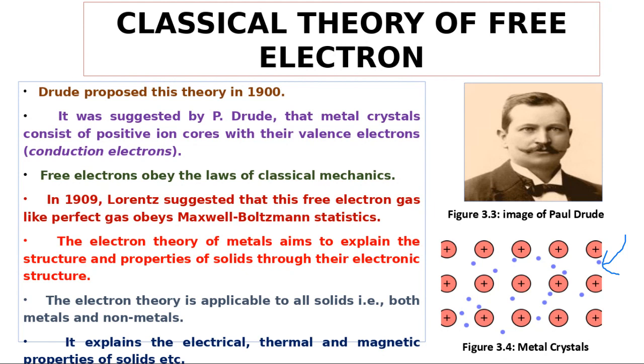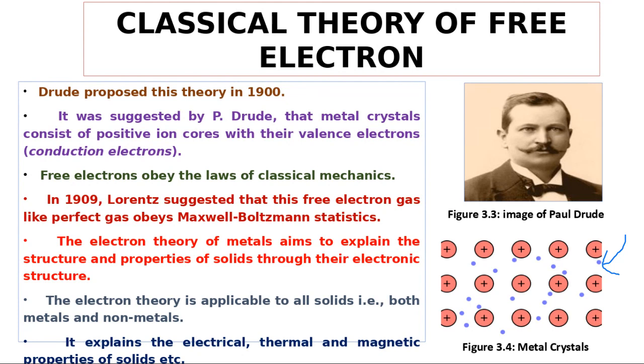It can explain the electrical, thermal and magnetic properties of solids. These can be easily explained by this classical theory of free electrons, which was suggested by two persons, Drude and Lorentz. That's why the classical theory of free electrons is also named the Drude-Lorentz theory of free electrons.